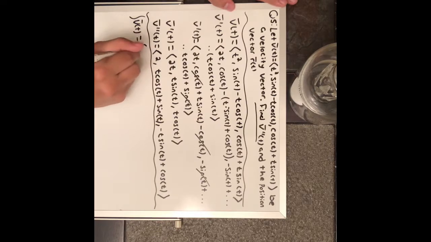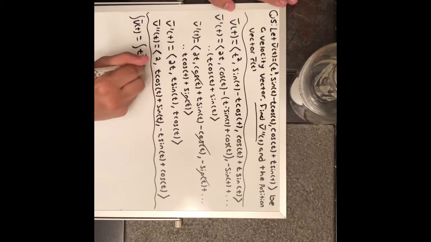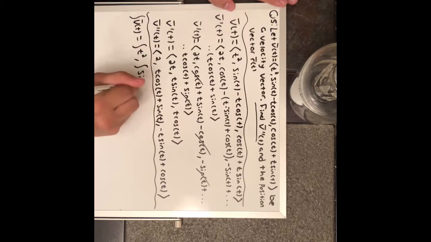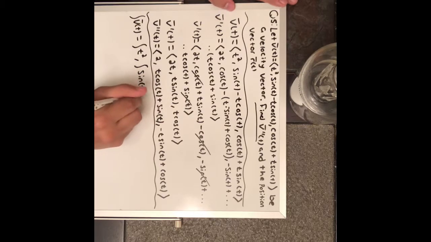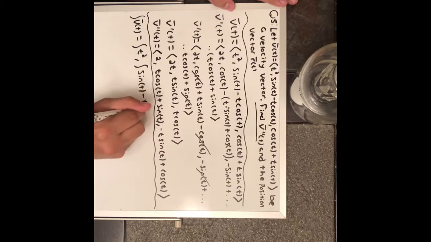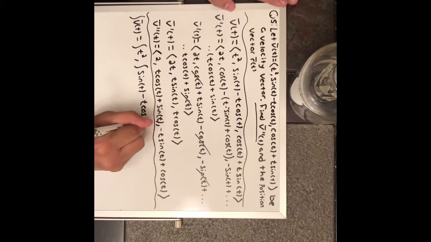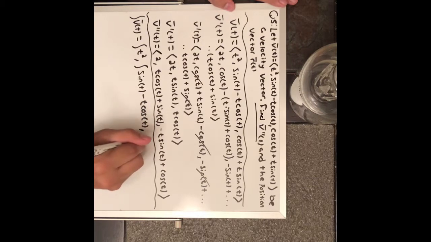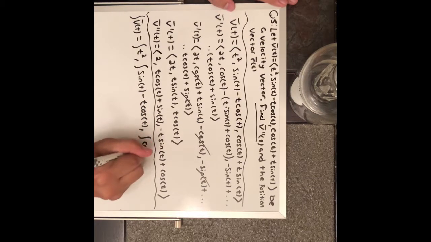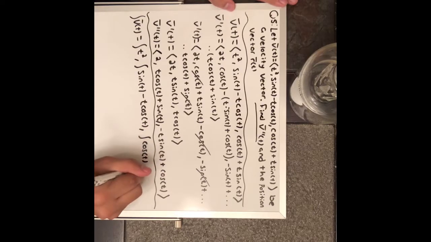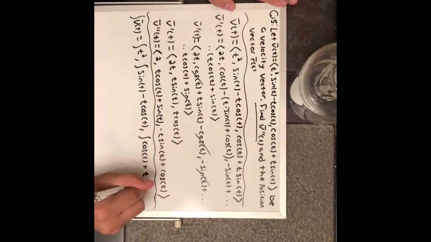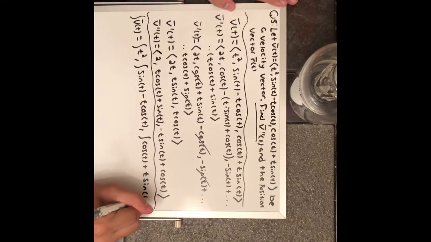So, the integral of t squared, the integral of sine t minus t cosine t, comma, the integral of cosine t plus t sine of t.